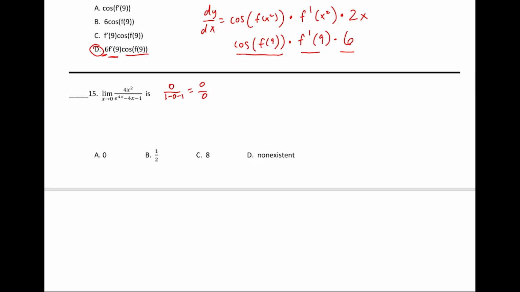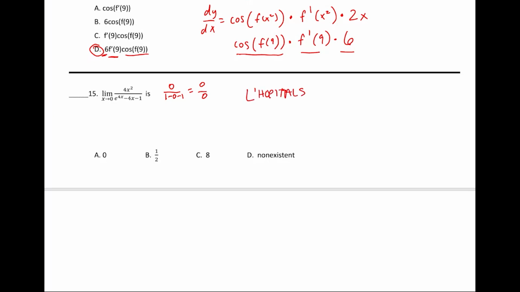And so we've got two choices. We can try to remove the removable discontinuity using factoring. You might look at this and think, wait a minute, I don't really know how to factor that denominator. Maybe it's not factorable. If you can't factor it because you've got e to some power, something weird going on, then you can use something called L'Hopital's rule.